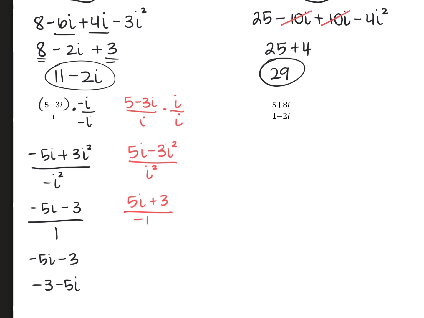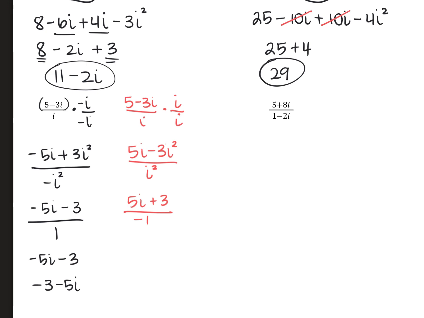So the purpose of multiplying by -i instead of just i over i is so that I don't end up with a negative in my denominator. Because you don't say 5i plus 3 all over negative something. When you read a fraction, you don't say 1 over -2. You say -1/2. You usually say the negative first.